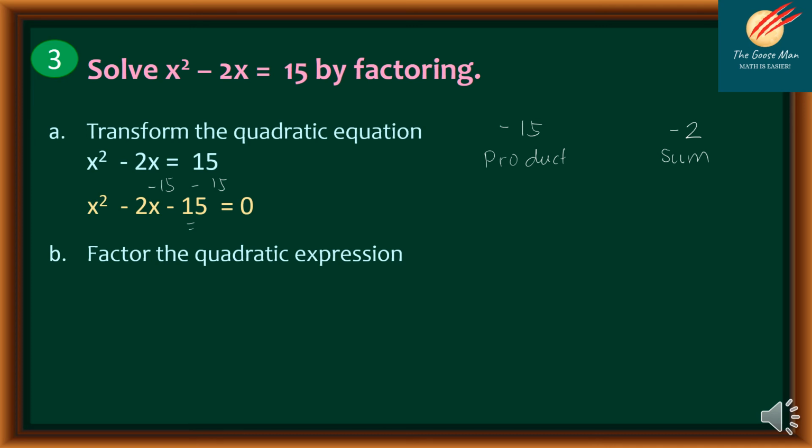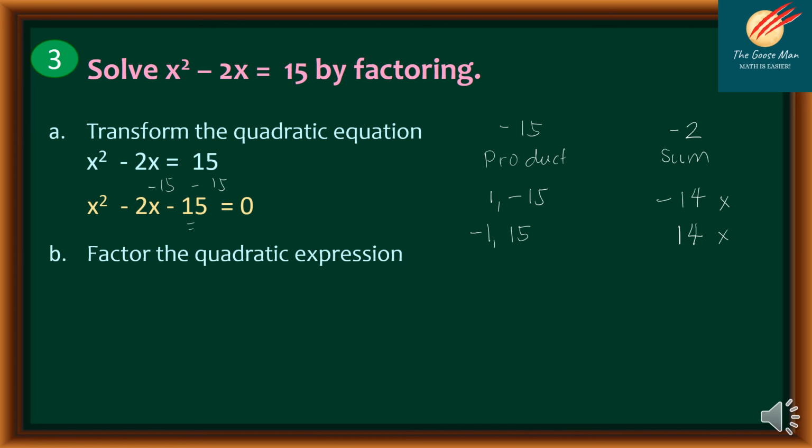If I have positive 1, negative 15, the sum is negative 14. On the other hand, if I consider negative 1 times positive 15, the sum is equal to positive 14. These are the sums that we are not looking for.